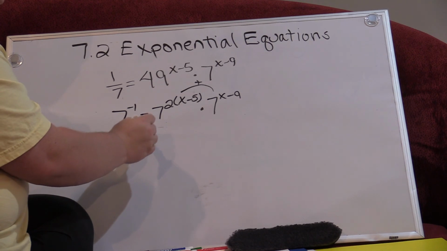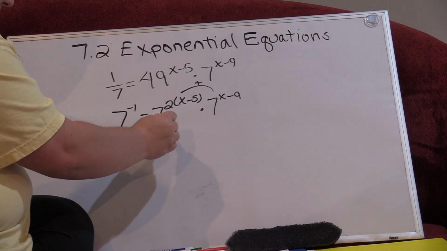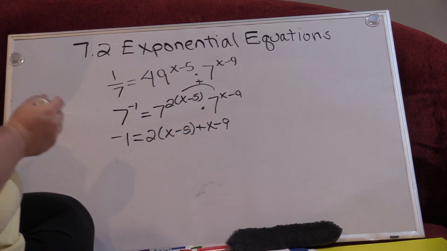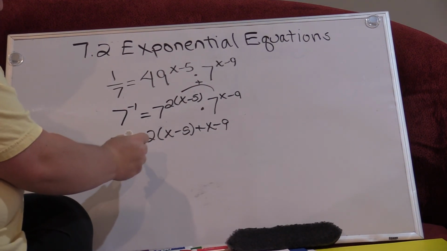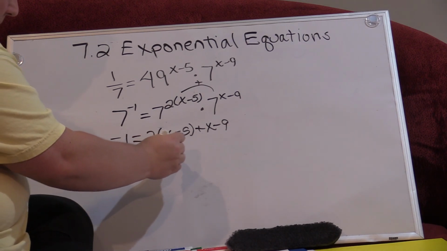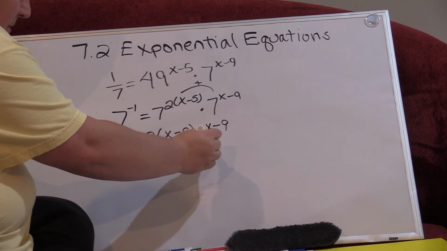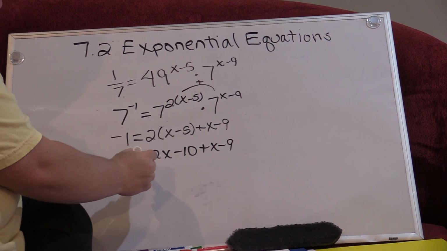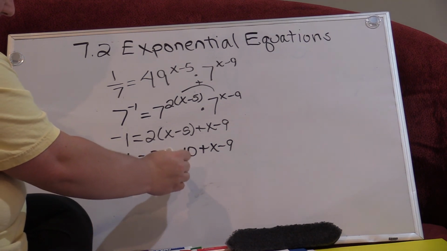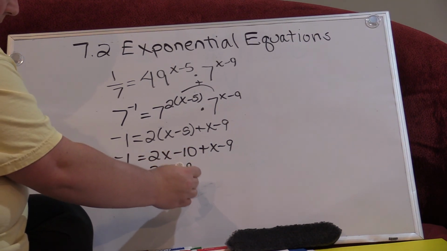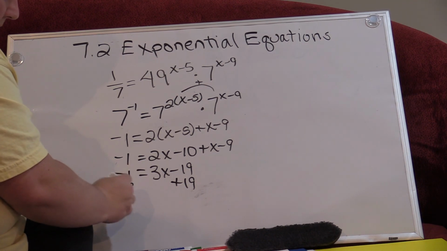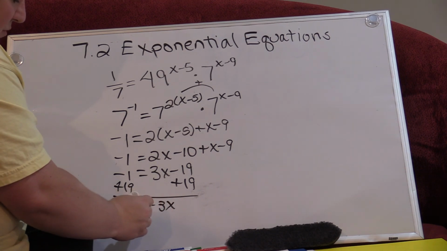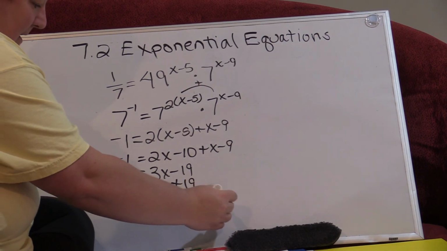So I get negative 1 equals 2 times x minus 5 plus x minus 9. So I have negative 1 equals 2x minus 10 plus x minus 9. We're going to combine like terms. I get negative 1 equals 3x minus 19. Add 19 to both sides. 18 equals 3x. Divide by 3. And x equals 6.